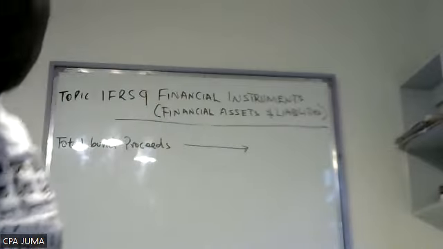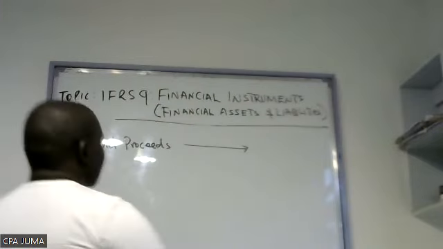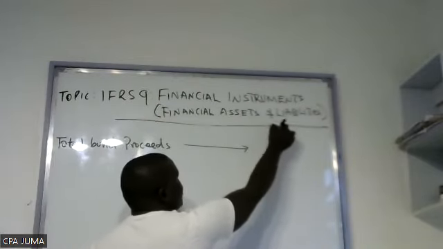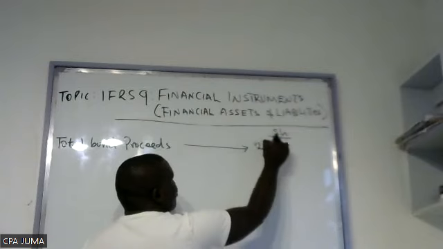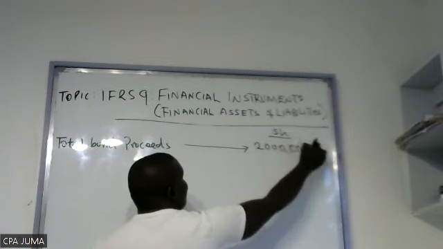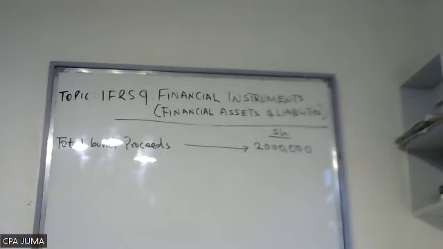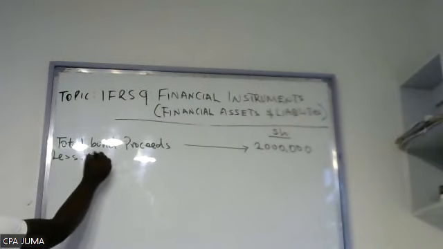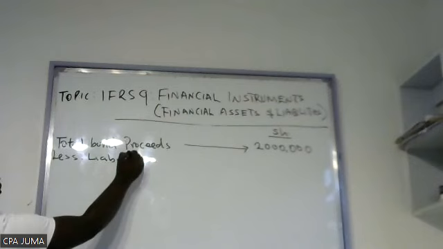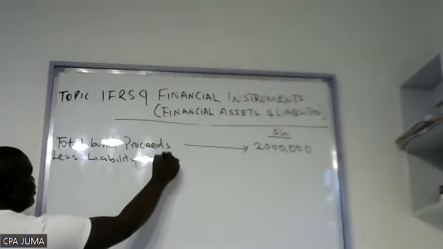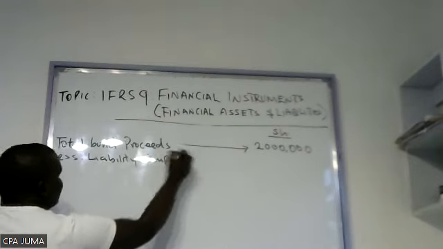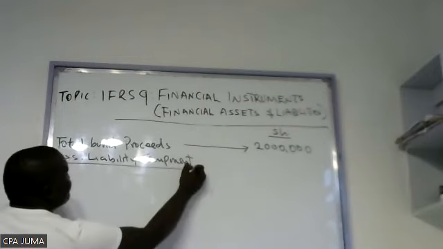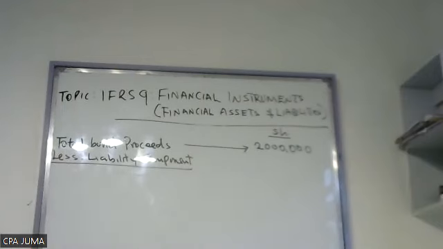Yes, this was 2 million, correct. So here in shillings, we borrowed 2 million. By the time we are refunding this money, you less the liability component.